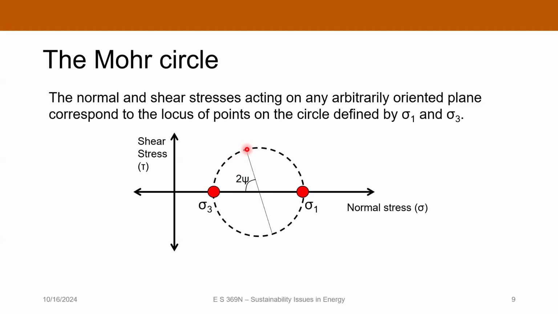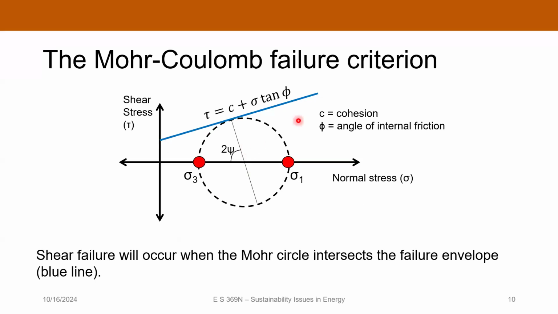Okay, now this is okay for describing the stresses on any plane, but we define a failure criterion by putting a line here and finding the stresses at which that line is tangent to the Mohr circle. So this is a failure criterion for shear failure, okay?